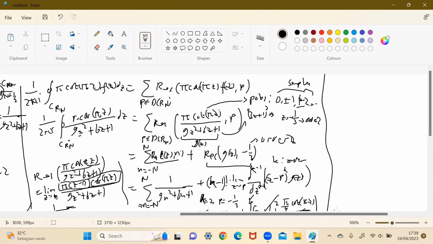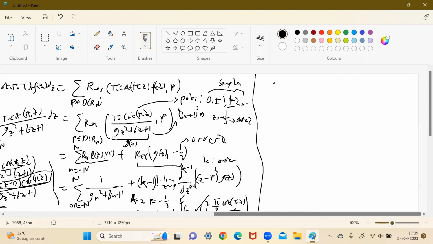So we want to prove that. Let's just write down the function in full: 1 over 2 pi i, pi cot pi z over 9z squared plus 6z plus 1 dz. It doesn't really matter if I write down the 1 over 2 pi i.